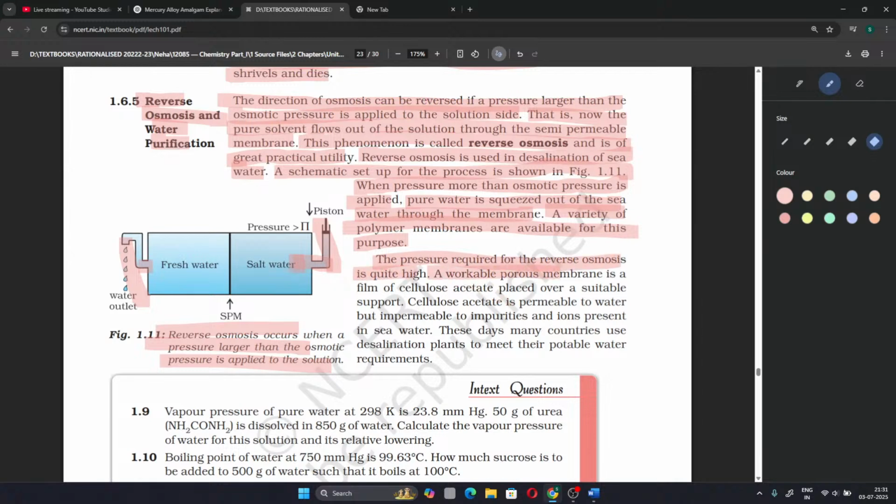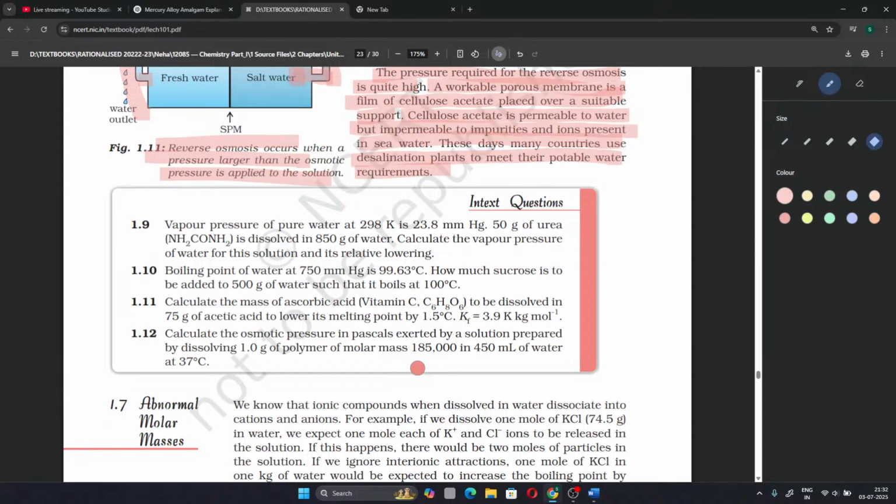A workable porous membrane is a film of cellulose acetate placed over a suitable support. Cellulose acetate is permeable to water but impermeable to impurities and ions present in seawater. These days, many countries use desalination plants to meet their potable water requirements.